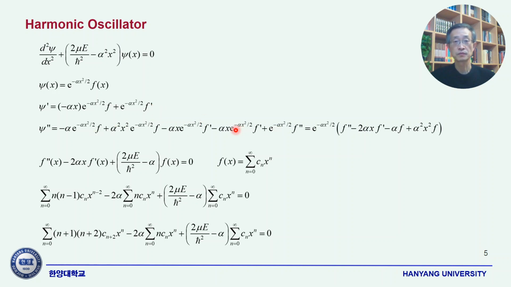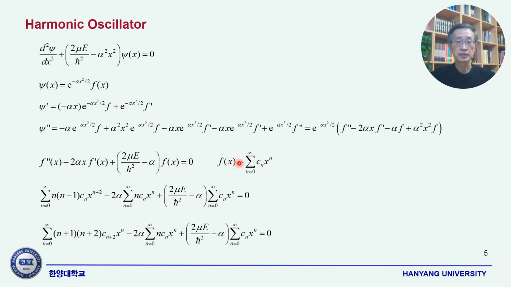Those are the fourth and fifth terms. All contain the factor e to the minus alpha x squared over 2, so we have a common factor, with terms in descending order of the derivatives. Now we put this psi second derivative here and put everything together, and we obtain this differential equation for f of x.